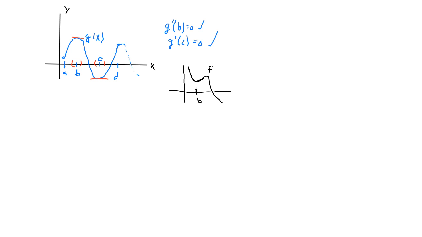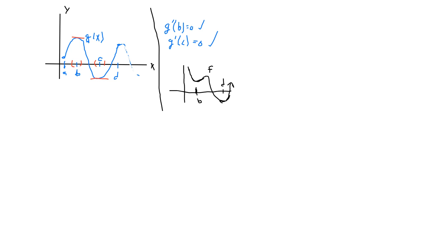It's a minimum. Is it an absolute minimum? Here, I'll change the function a little bit. Does x equals b have an absolute minimum? No, it's not an absolute minimum, because the absolute minimum occurs here at d of the function, assuming the function goes up forever there.